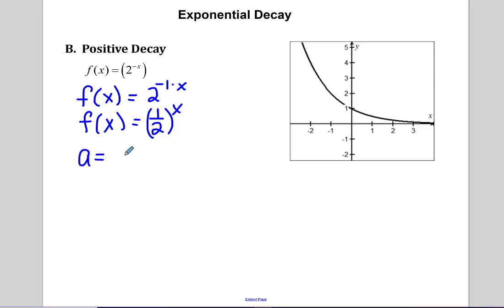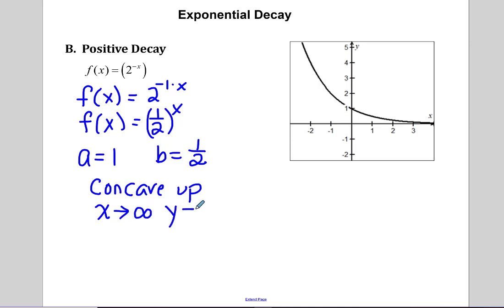This tells me A is positive, 1, and B is a fraction. It's between 0 and 1. So I have a decay function, but in a positive direction. The function graph is concave up. When x goes right, y goes to the horizontal asymptote, and in this case the horizontal asymptote is 0.